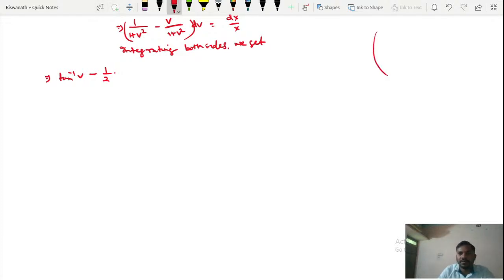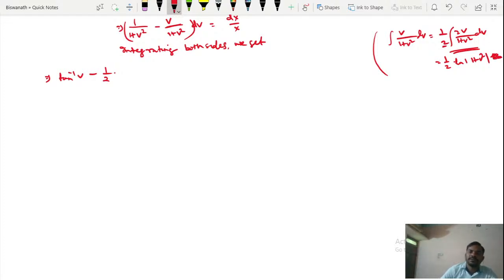That means in rough, if I write this, what is the integration of v divided by 1 plus v square dv? I will multiply by half, and also multiply 2 and divide by 2, then 1 plus v square dv. So this is your half, and the integration of this is ln of 1 plus v square.